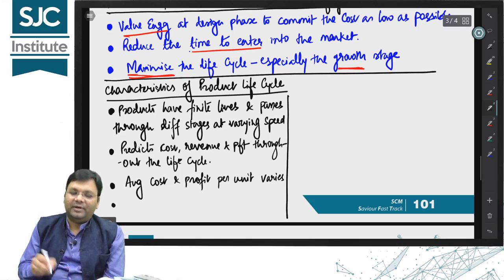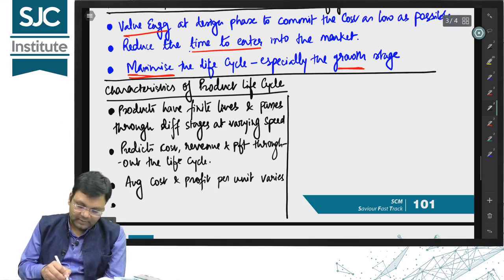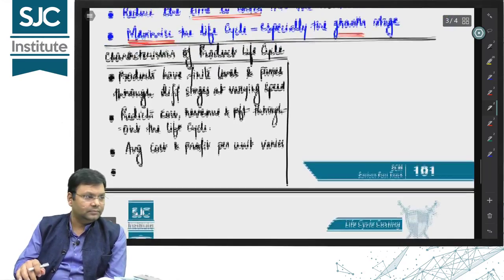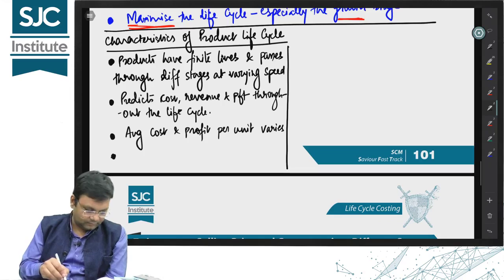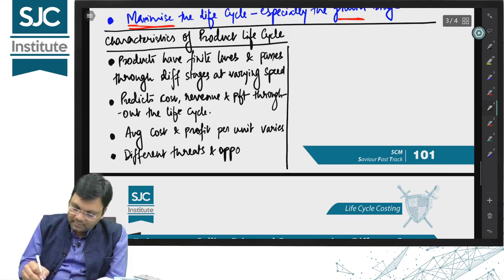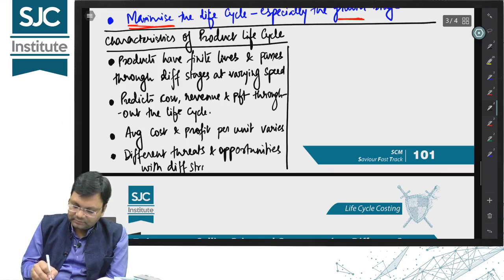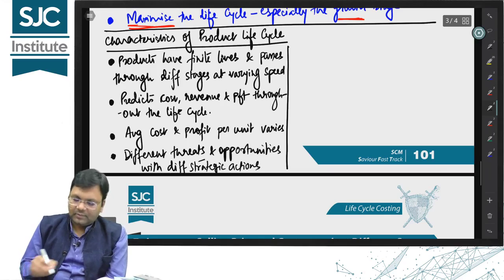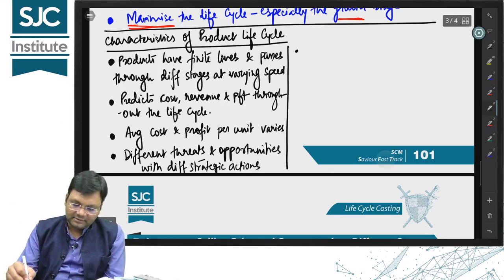I am not writing it, it's implied. Fourth, different threats and opportunities with different strategic actions. Of course, at different stages of life cycle.